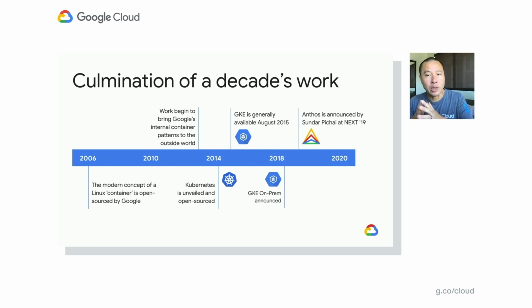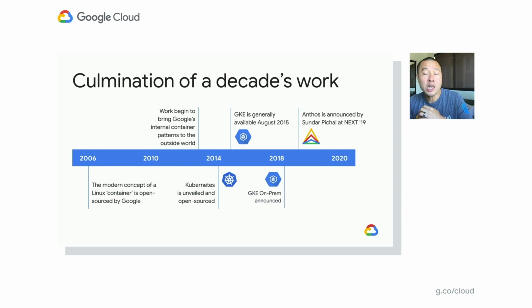So then naturally in 2018, because of the demand to use GKE, we saw that there was also an increased demand to use GKE, not just inside Google Cloud's environment, but also in all other environments as well. We started with GKE on-prem in 2018, and now with Anthos, we expanded to multiple different environments.